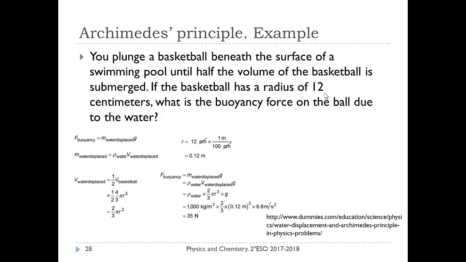The buoyant force would be the same as the water displaced times the gravity, so equal to the density of water times the volume displaced times the gravity. Given the density of water approximately 1000 kilograms per cubic meter, we multiply by the volume of the sphere which was inside and by the acceleration due to gravity, and this leaves us with the buoyant force acting on the ball, which would be 35 newtons.